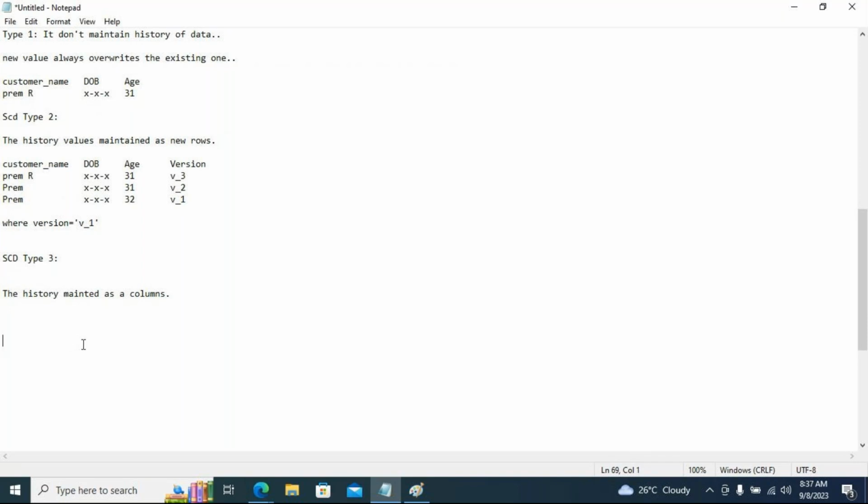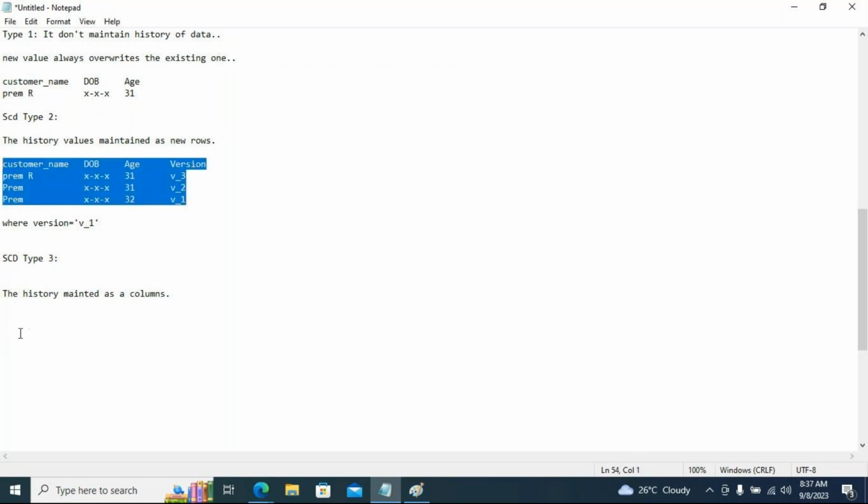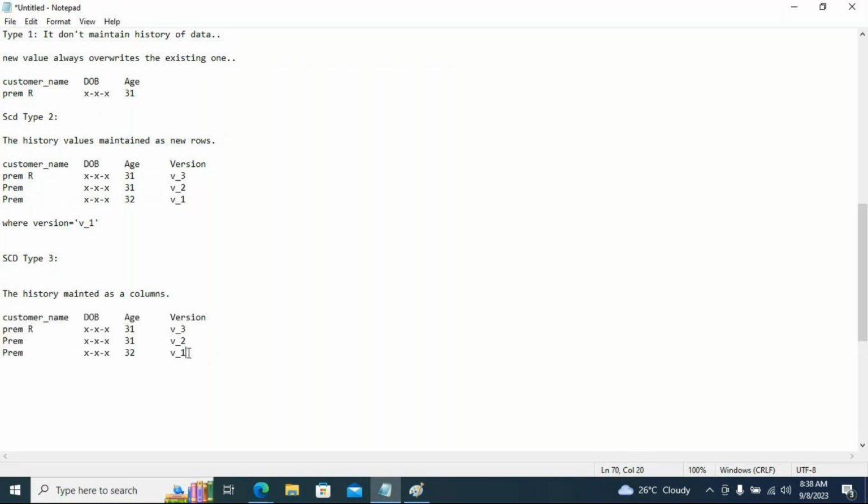This is the actual information: name, date of birth, and age.